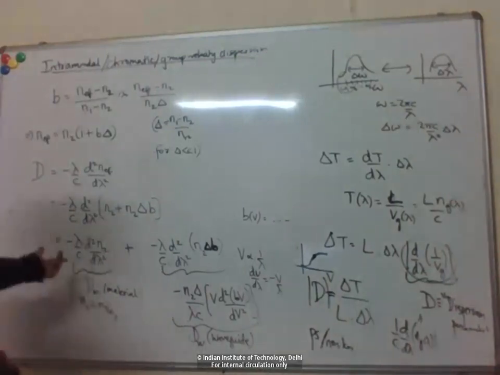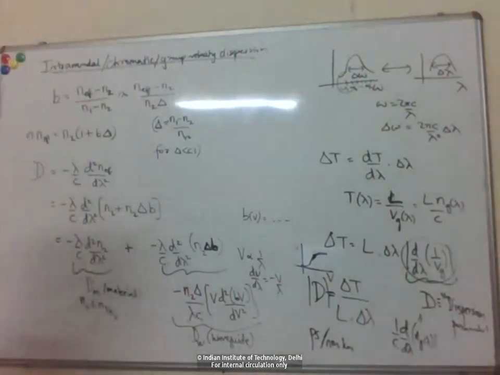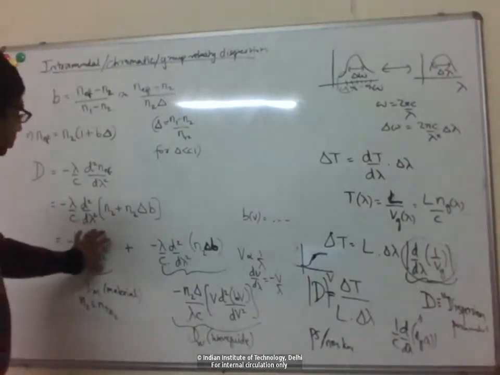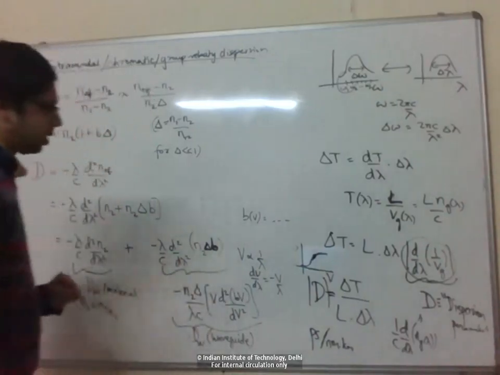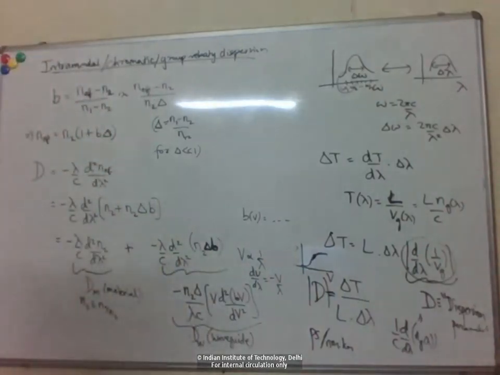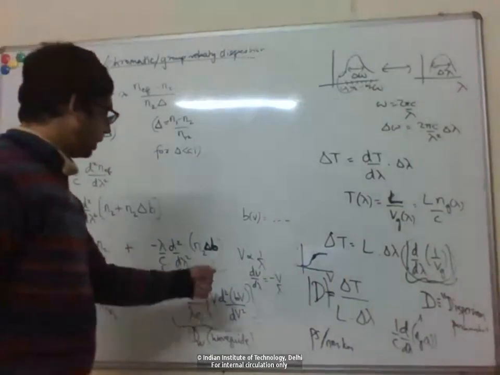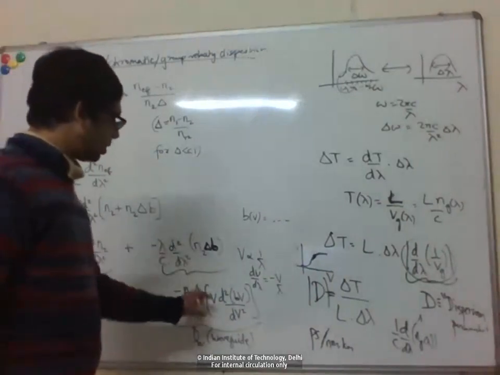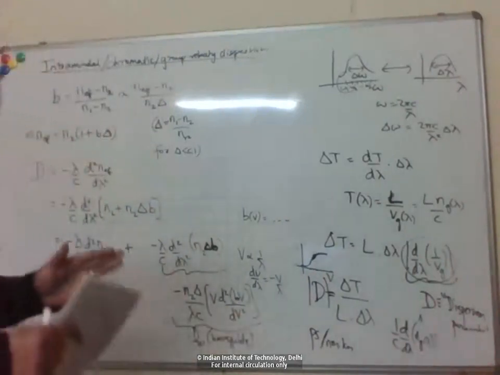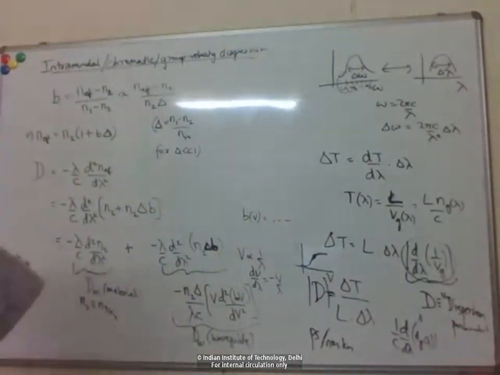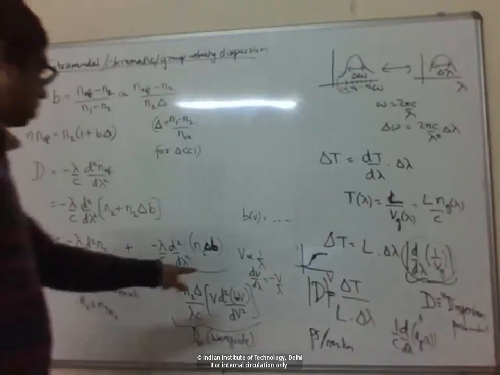Okay, so I hope these two contributions are clear, right? This is coming from the variation of the refractive index of the material with wavelength, and this is coming from the waveguiding effect itself. So even if the material index is constant with wavelength, this part, because the mode profile is changing with wavelength, right?